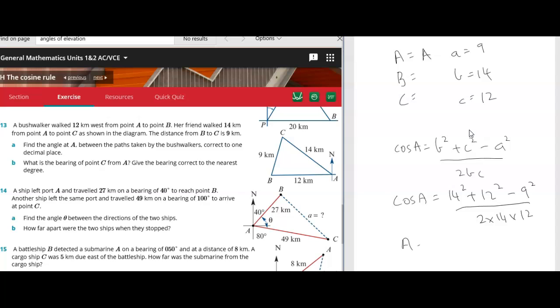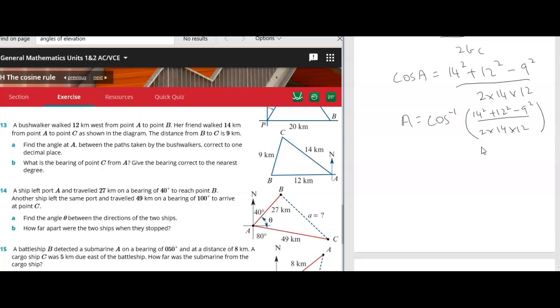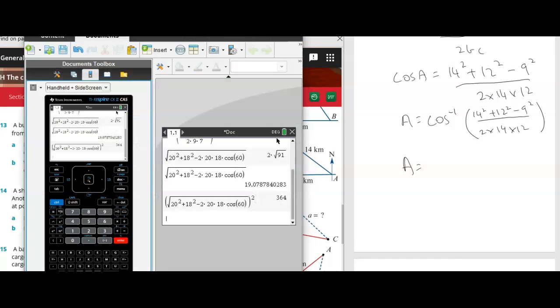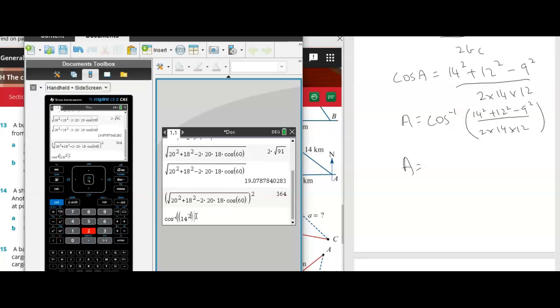And then to get A by itself, take the inverse cos of both sides. 14 squared plus 12 squared minus 9 squared all over 2 times 14 times 12. And you just plug that into your calculator. So let's quickly do that. So cos inverse, okay, use brackets to separate the numerator and the denominator.